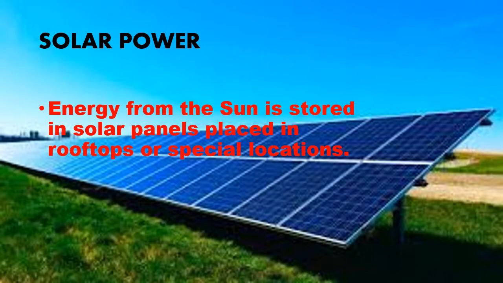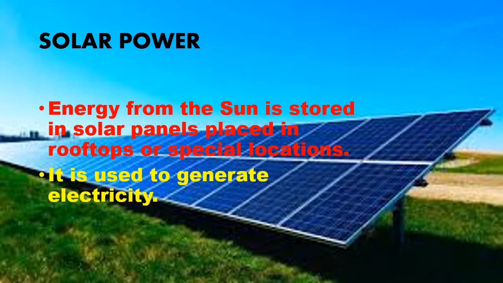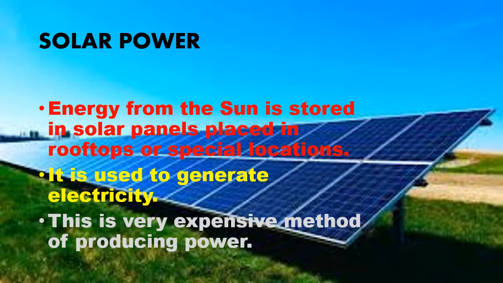Solar power is the conversion of energy from sunlight into electricity by using these solar panels. It is used to generate electricity. They convert the solar energy into electrical energy. However, this is a very expensive method of producing power.